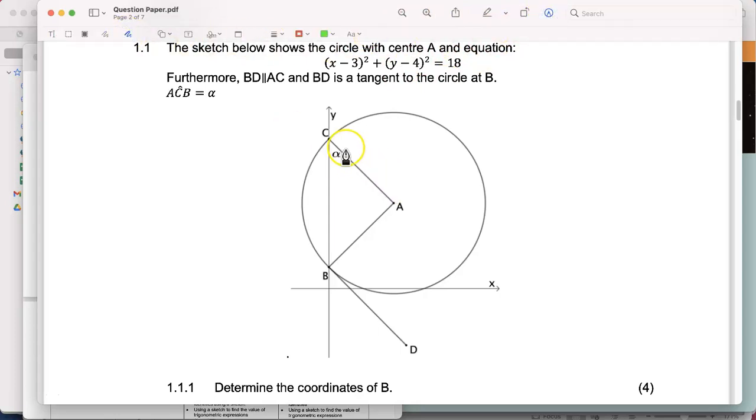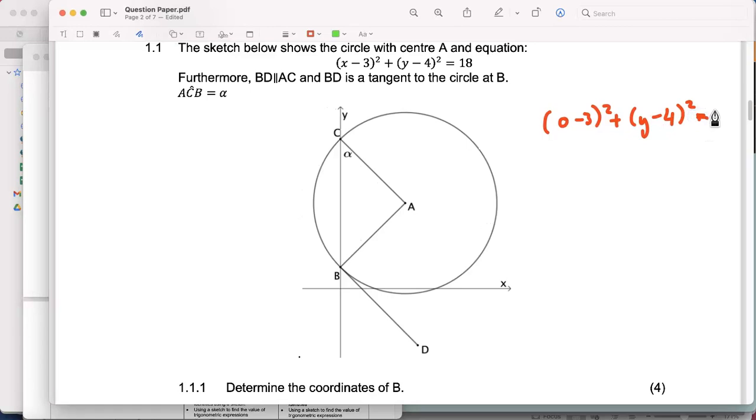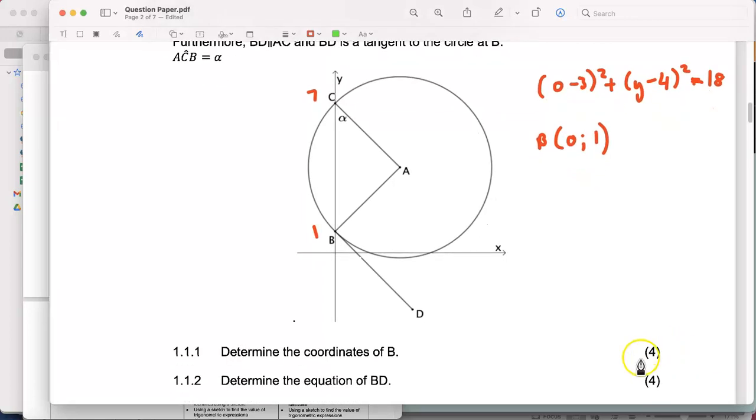So here I'm going to make x equal to 0: (0 minus 3) squared plus (y minus 4) squared is equal to 18. And when you solve this equation, you get that y is either 7 or 1. And so B was equal to 0 for an x coordinate and 1 for a y coordinate. Lovely, easy 4 marks.